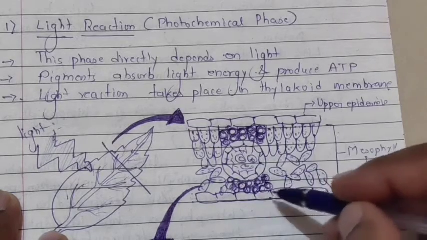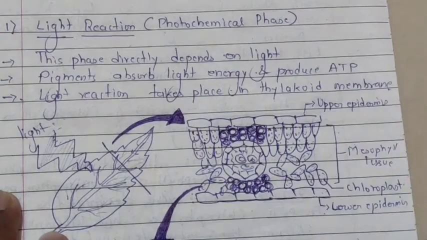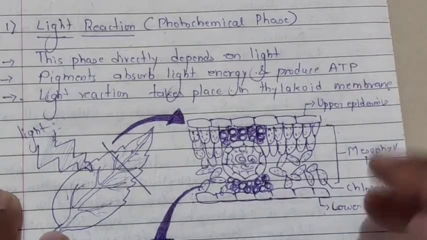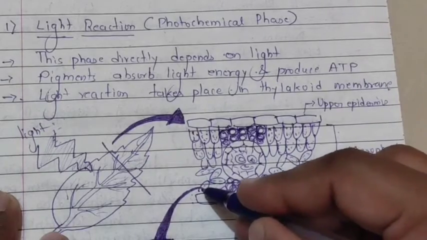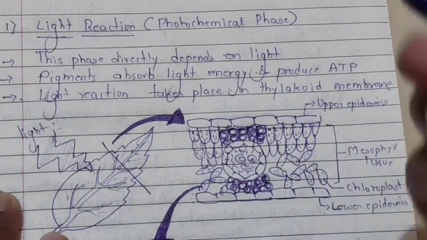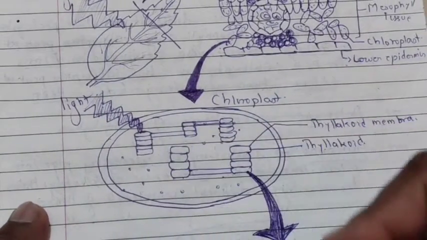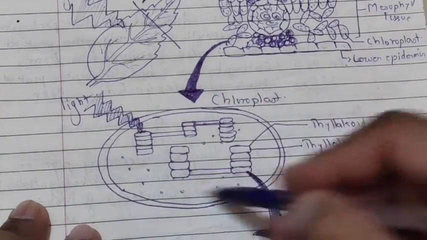So where is this structure coming from? From the leaf. When we take the cross section and observe under the microscope, you will get this kind of structure. When we zoom in on this dotted structure, it looks like this. It is a chloroplast, a cell organelle.